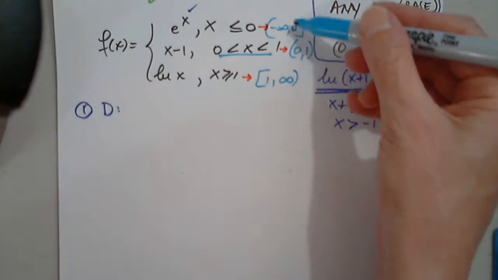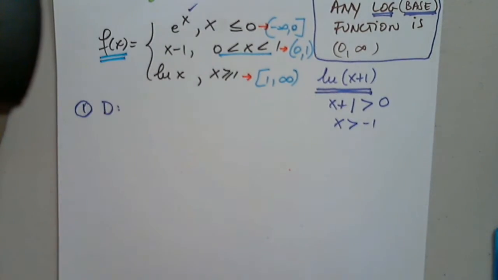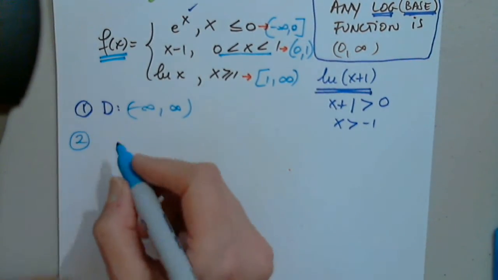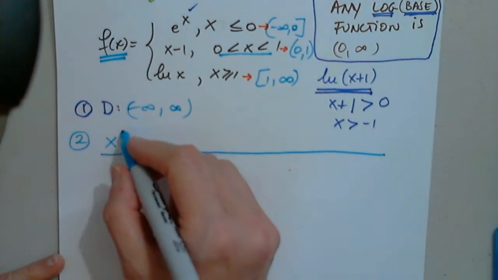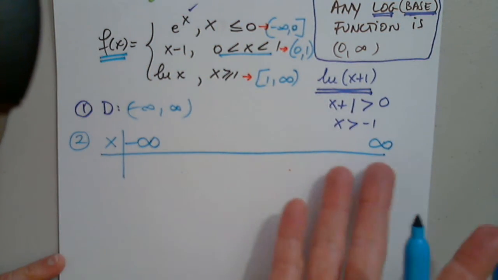So now can anyone identify or establish the domain for this function? It would be -infinity to infinity. Good. So I saw it in your work that you established the domain correctly, but you did not write -infinity to infinity. This is the domain.